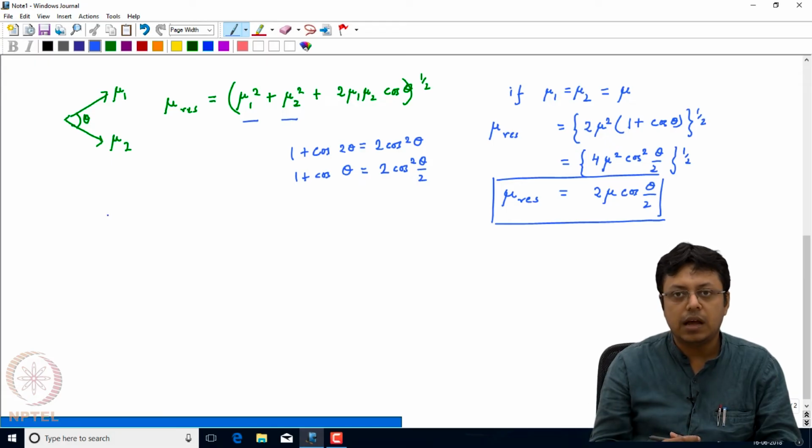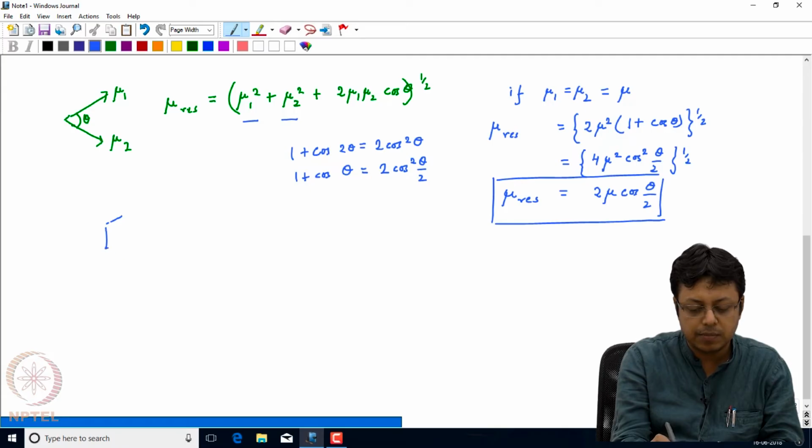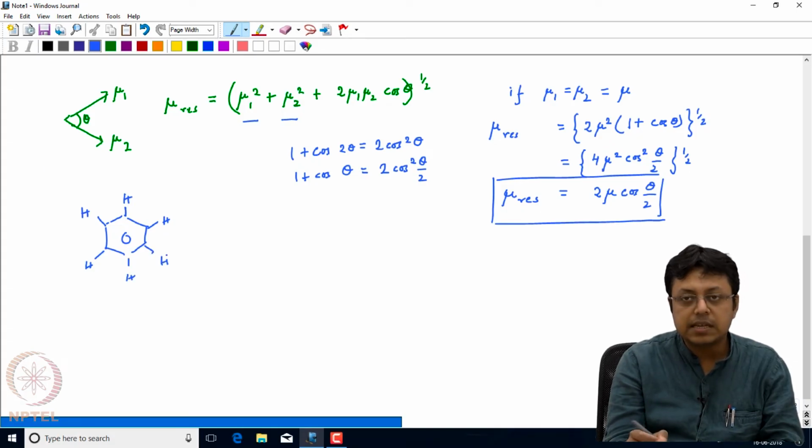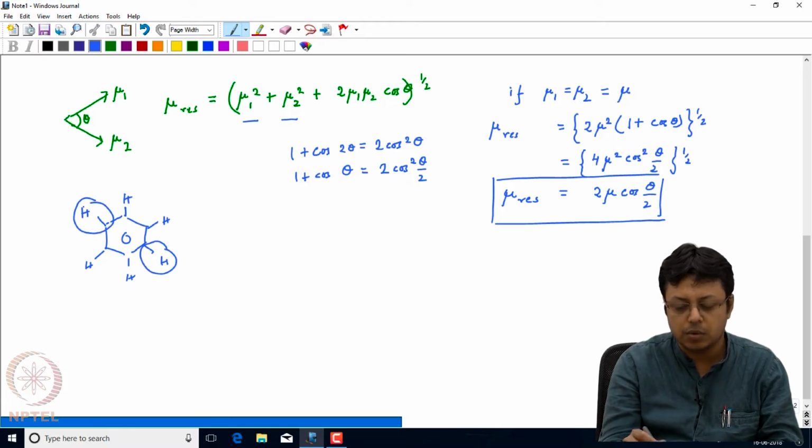Since we can add the dipole moments, the interesting thing is that for benzene, we have all hydrogen atoms here, as you already know, and you can think that all the bond moments will cancel with the opposite bond moments, like this CH bond moment will be cancelled by this CH bond moment and so on.